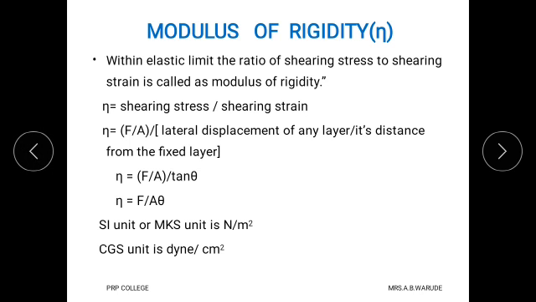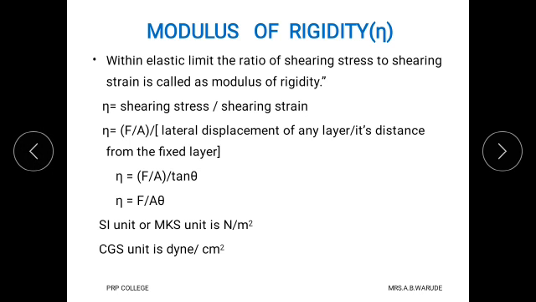Then we write the formula: eta equals shearing stress upon shearing strain. The formula for shearing stress is F upon A. The shearing strain is the lateral displacement of any layer with respect to its distance from the fixed layer.